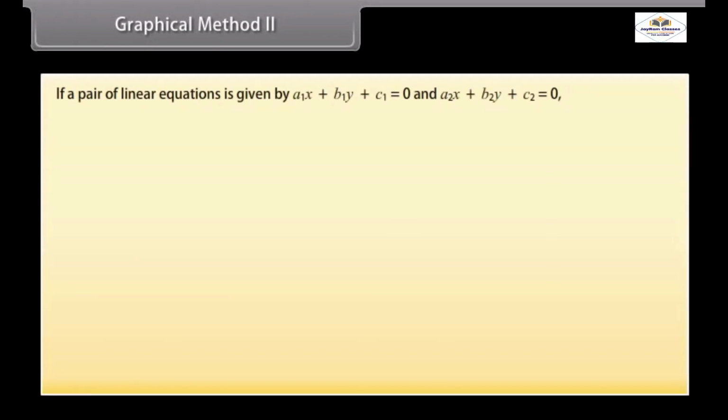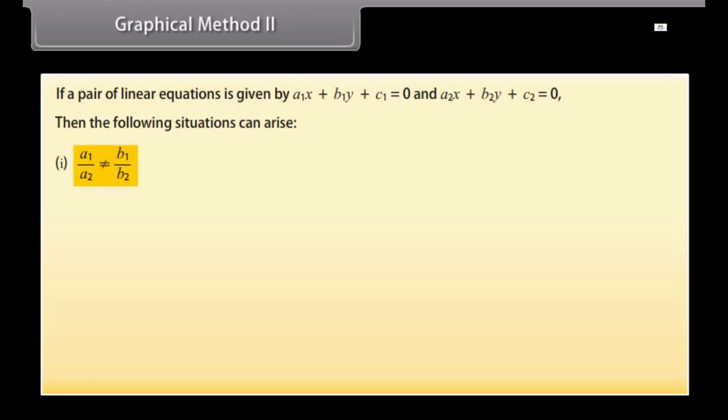Graphical method 2. If a pair of linear equations is given by a1x plus b1y plus c1 equals 0 and a2x plus b2y plus c2 equals 0, then the following situations can arise. 1. a1 upon a2 is not equal to b1 upon b2.